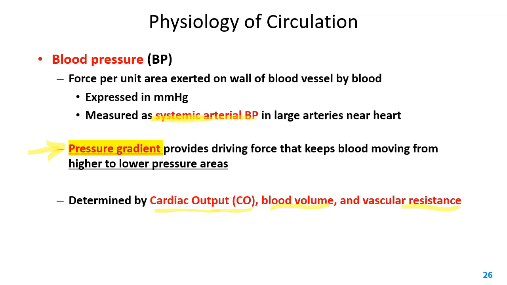How is it that you can get a good flow and a good pressure gradient? Okay, so let's just have an idea of what is happening from your heart. Here you're going to have your aorta, and then your muscular arteries and venules, and then here you're going to have your capillary bed.